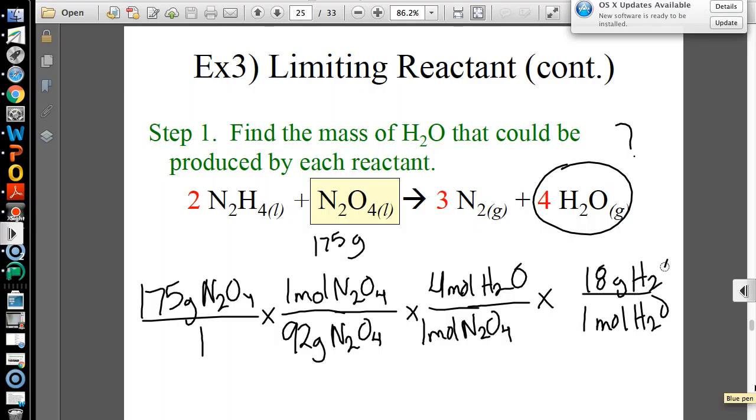And now I'm going to solve and see how much water I can make from the N2O4. So I got 137 grams.